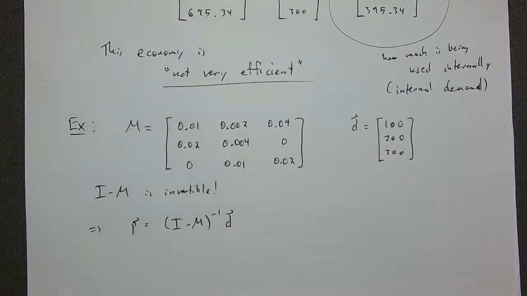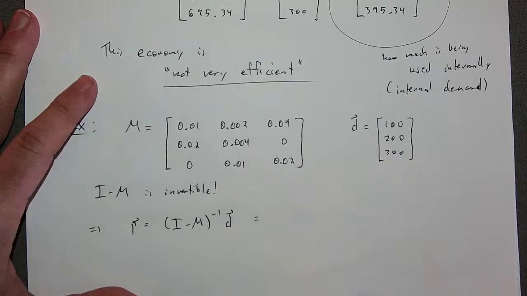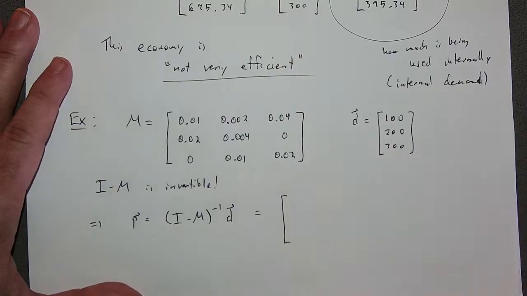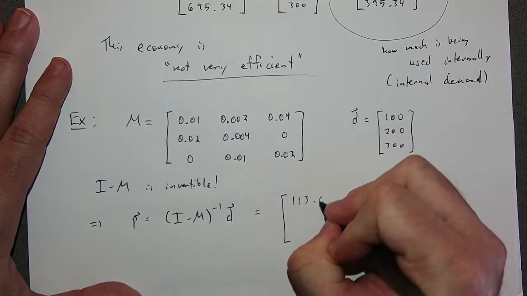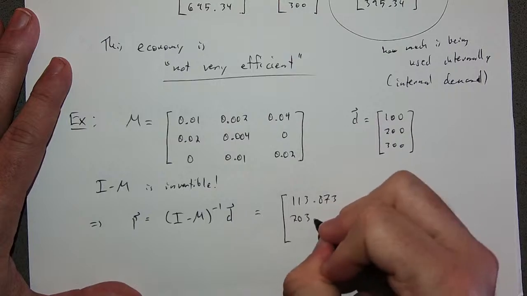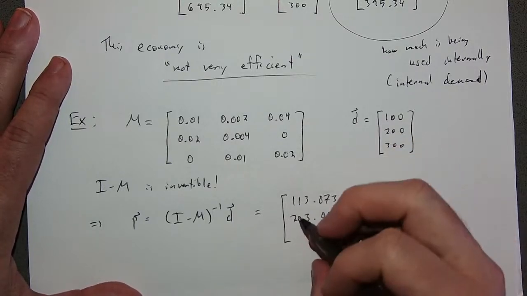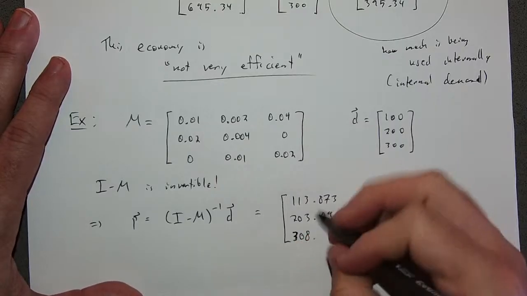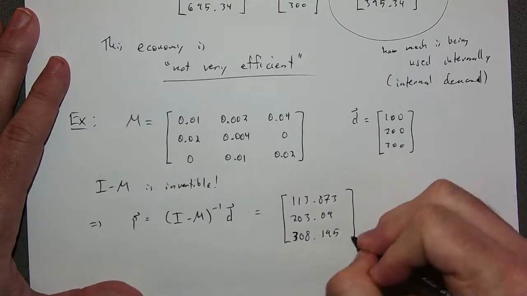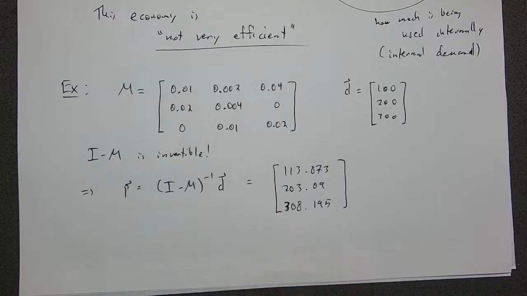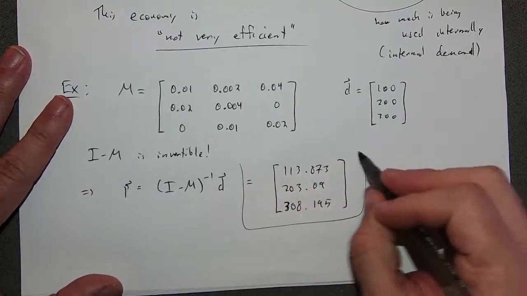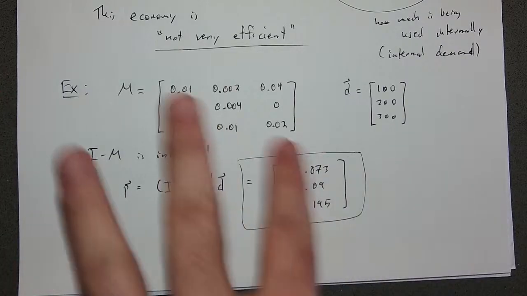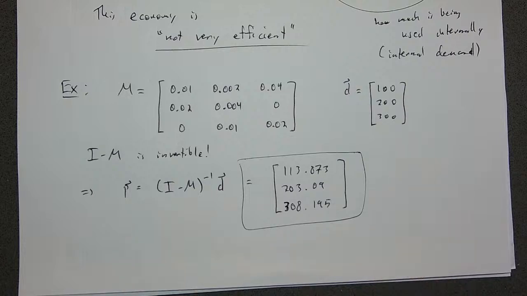is I minus M inverse times D, which in this case, for this particular example, is 113.873, 103.09, and 308.195. So this is my production vector, this is my solution, which means I should set my production to this if I want to meet this external demand and all of the internal demand that is required to produce all of the units, right?